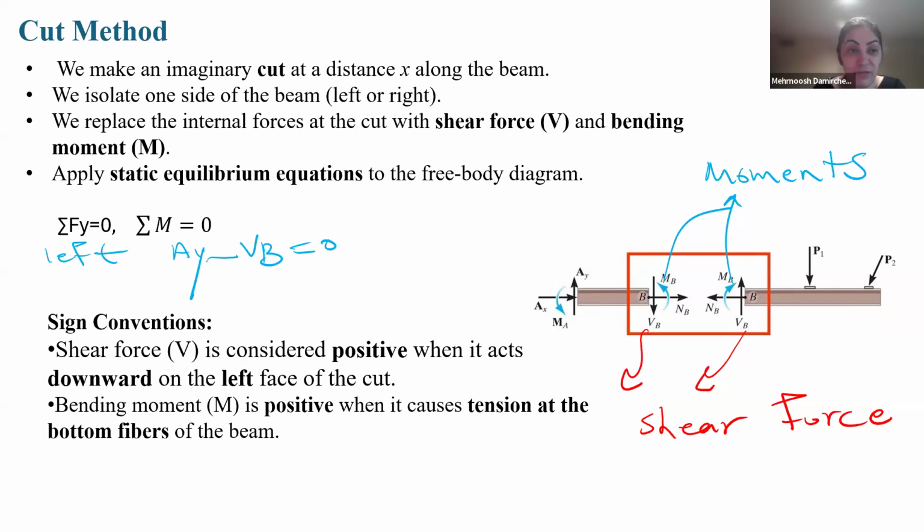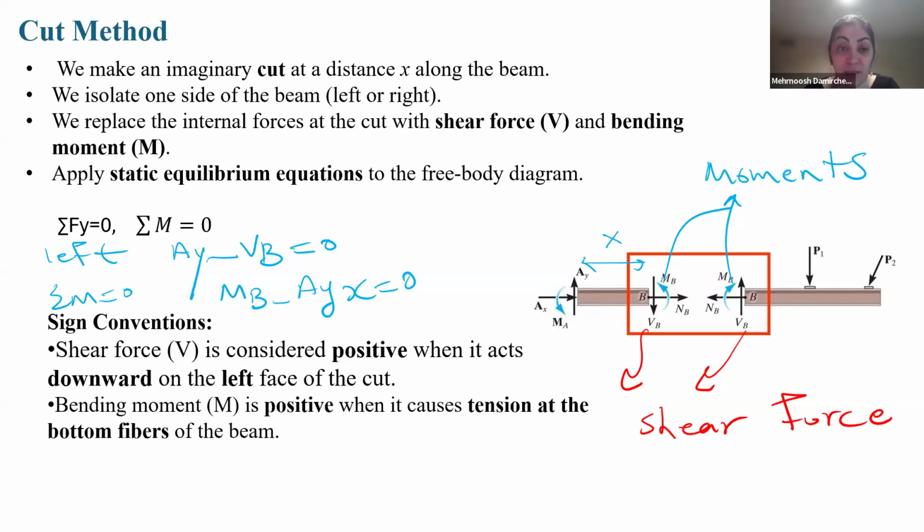So it is the summation of F_y. Then the summation of moments, but the moment should be taken around the cut point, M_B, and this distance is X, for example. V_B doesn't have any moment, so it should be minus A_Y times X equals 0. So we write and apply static equilibrium equations to the free body diagram.